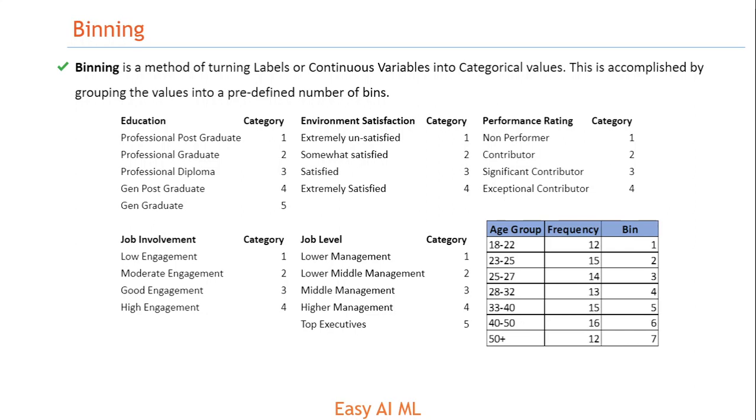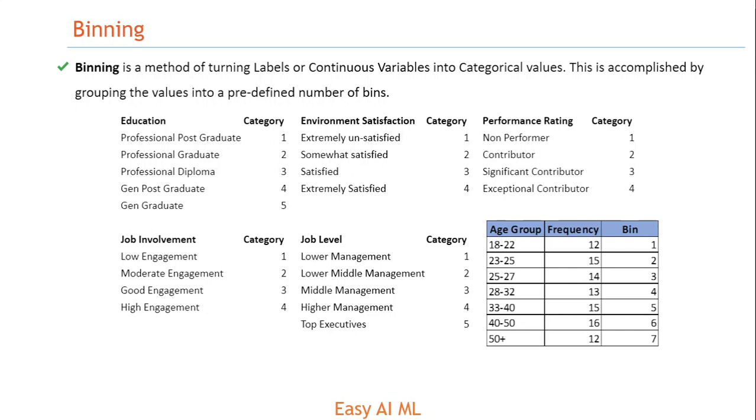Satisfaction also: extremely unsatisfied, somewhat satisfied, satisfied. So this can also be categorized 1, 2, 3, 4. Performance rating: non-performer, contributor, significant contributor, exceptional contributor, because a model may not understand the label, but it can understand the category. Similarly, job involvement, job level: lower management, middle management, higher management.